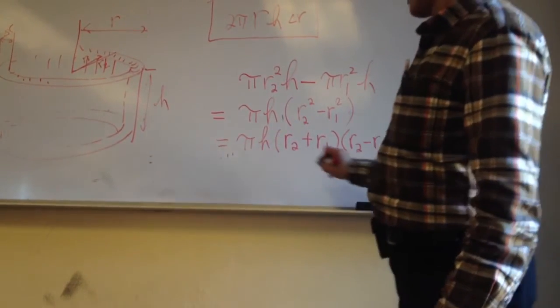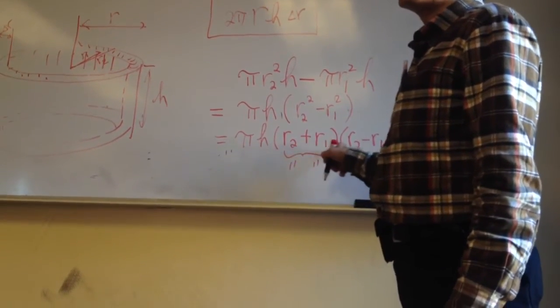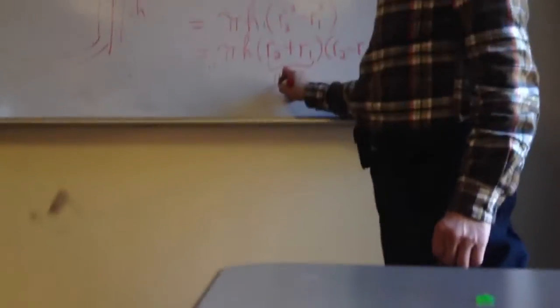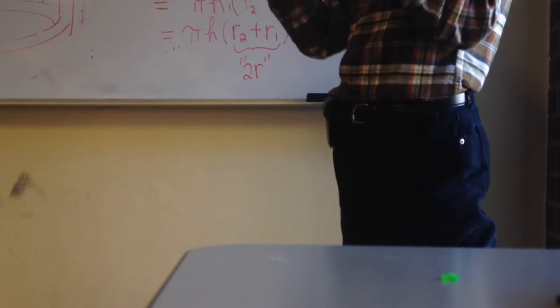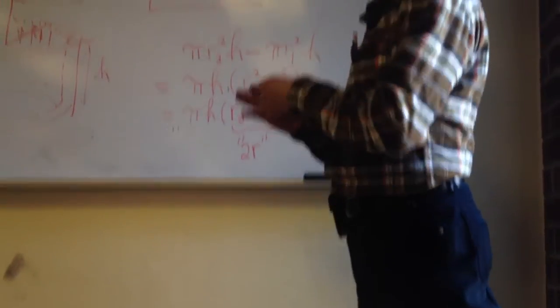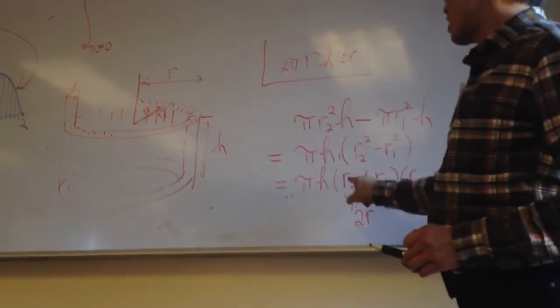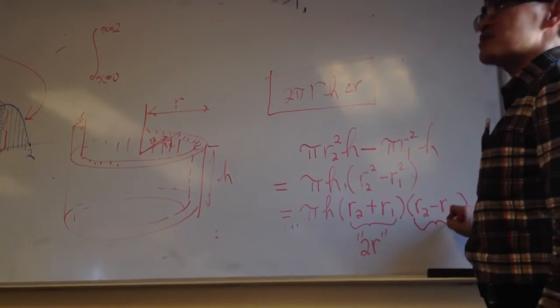And then these two are roughly equal, is that right? Because the difference is only delta r, very small, right? So if you take the average, this is roughly 2r, where the r is sort of the average of the two. Okay? So 2 times the average. So that's r, the rough radius of the thing. And 2r is really the sum of r1 and r2. What is this piece?